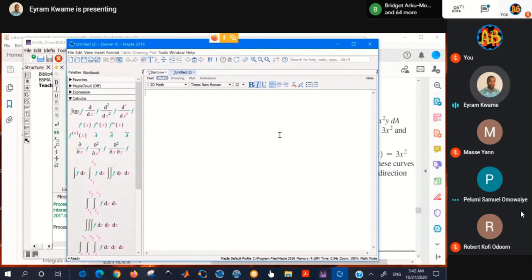x squared will always face the positive y-axis, because if you look carefully at x squared, y will always be positive for every value of x. If you take negative x and square it, you get a positive value, right?